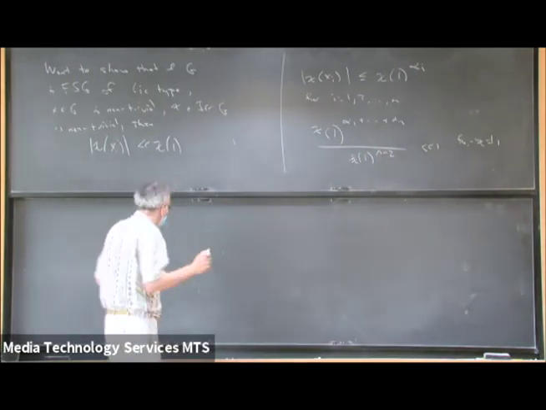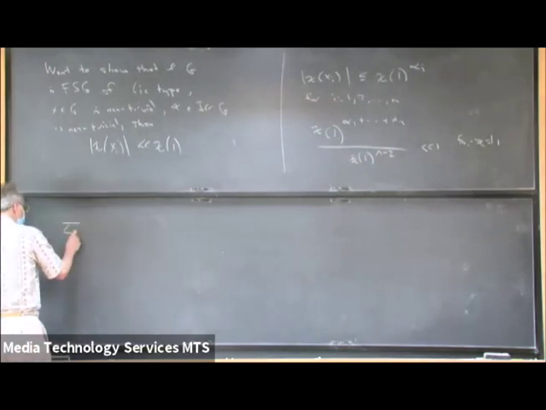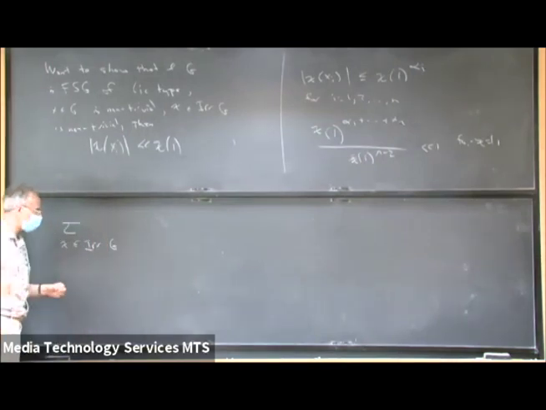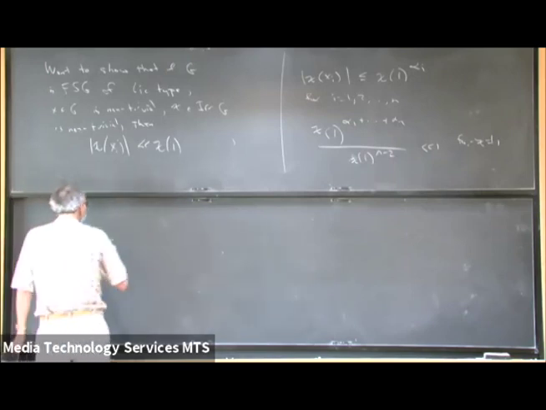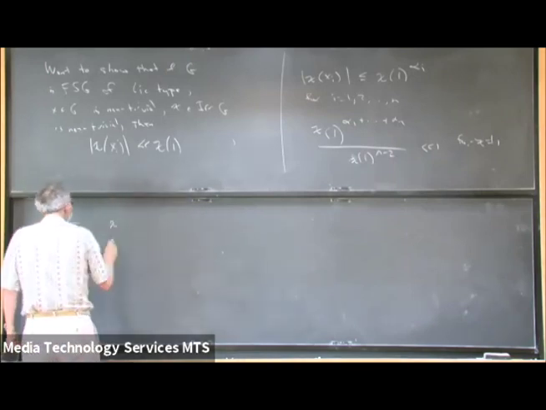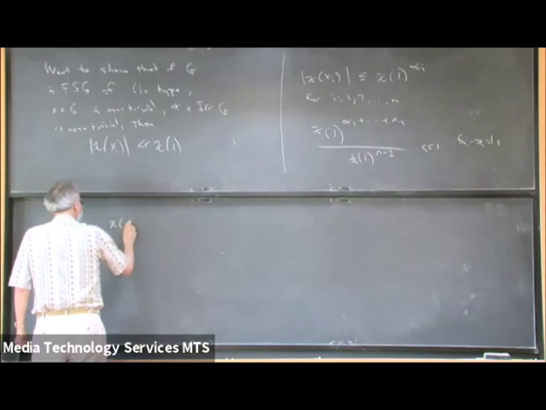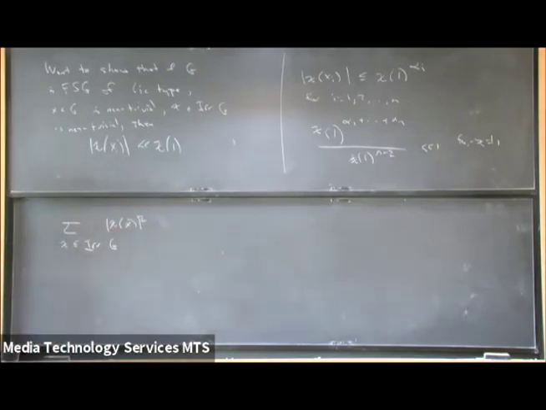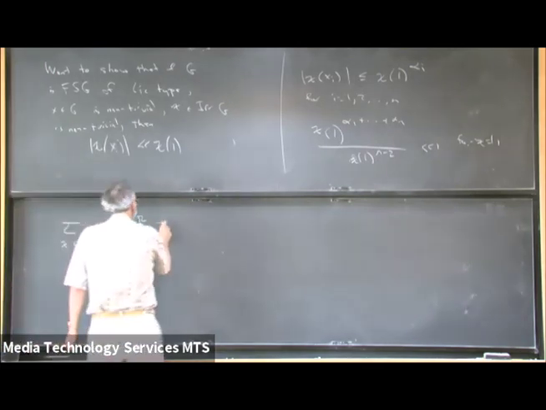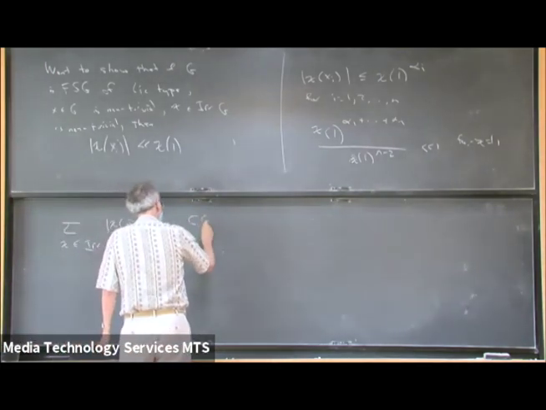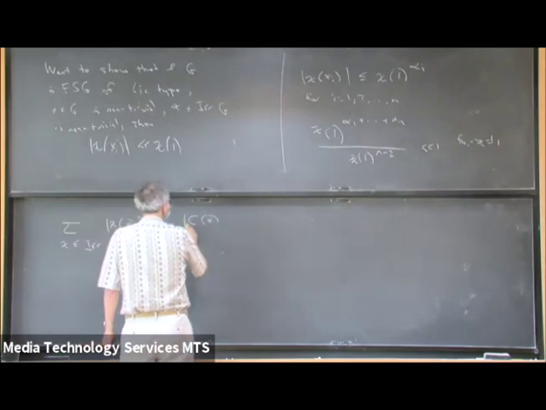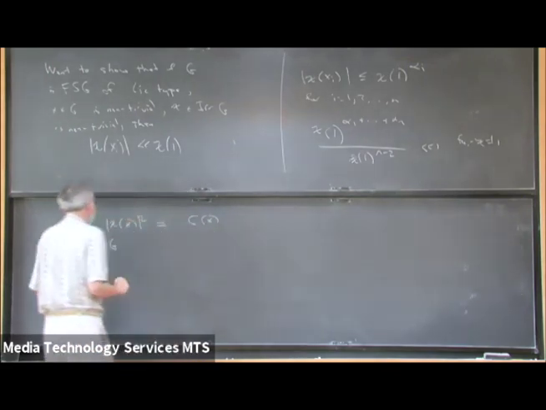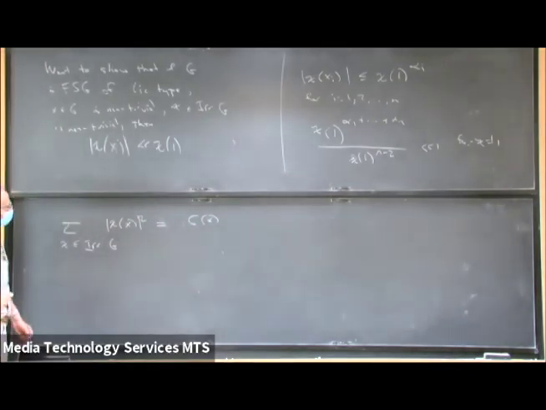So I think a worthwhile thing perhaps to think about is what we get if you take the sum over all irreducible characters of G of, let's say, chi of x absolute value squared. And so this is going to be equal to the order of the centralizer of x.